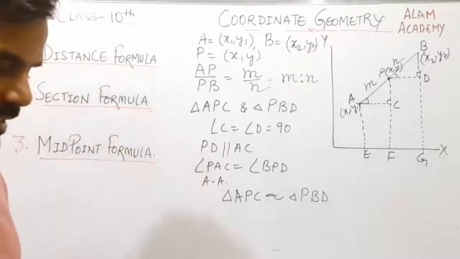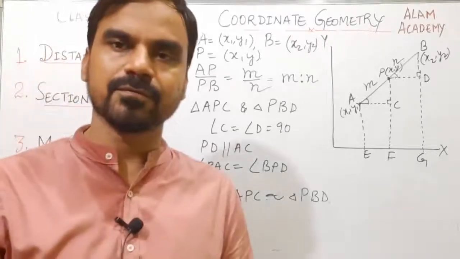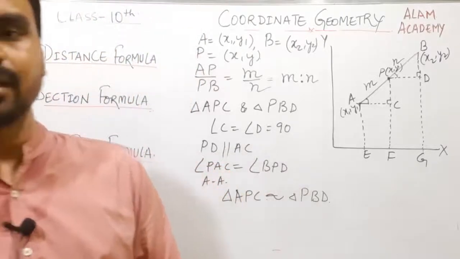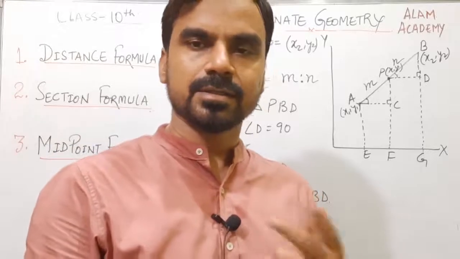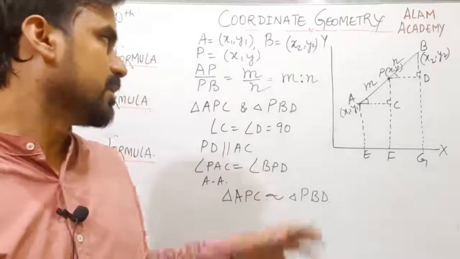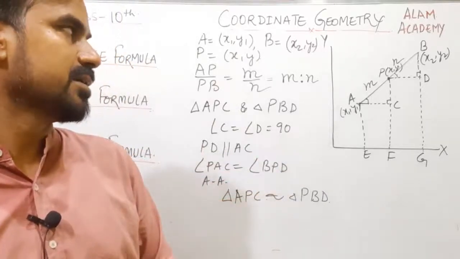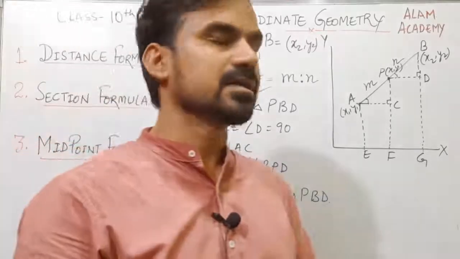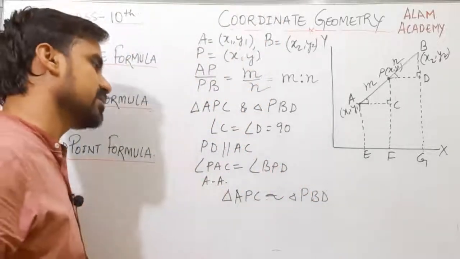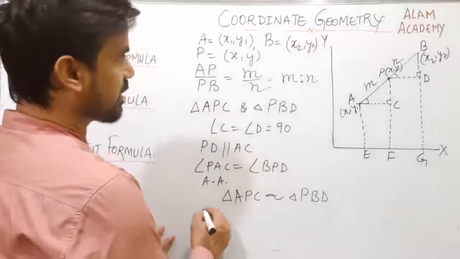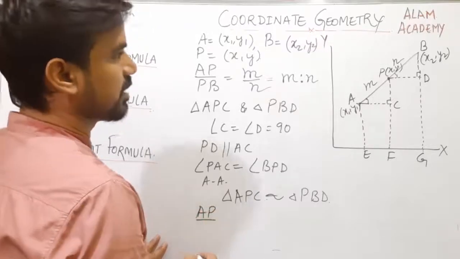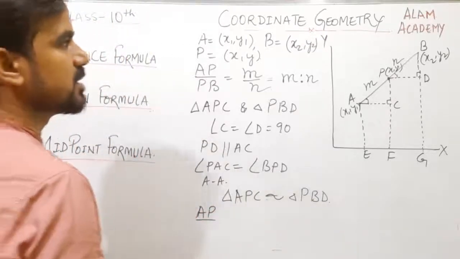Because there are two terms in maths. First one is congruency, and the second one is similarity. In congruency, we observe that the two figures are just equal in shape and size. But in case of similarity, the ratio of the sides or the angles are equal. So if two triangles are similar, then the ratio of the corresponding sides will be same.